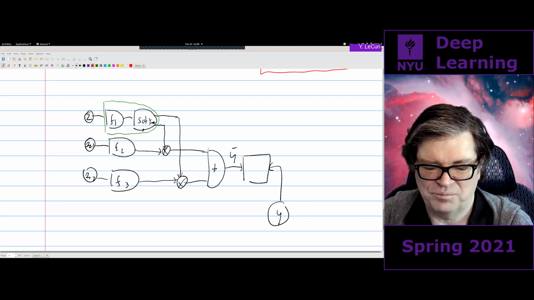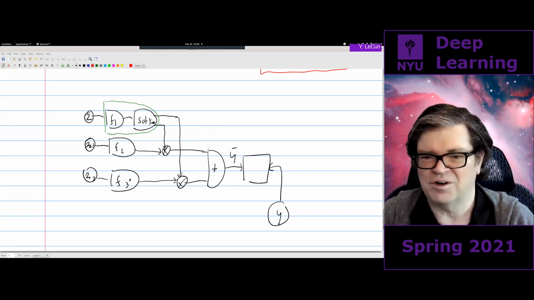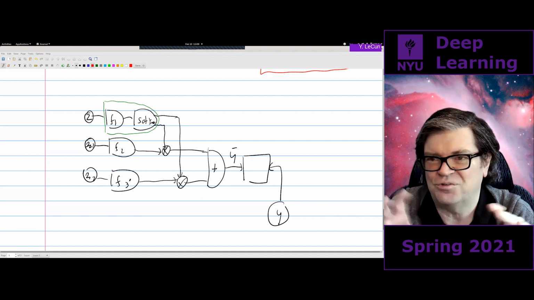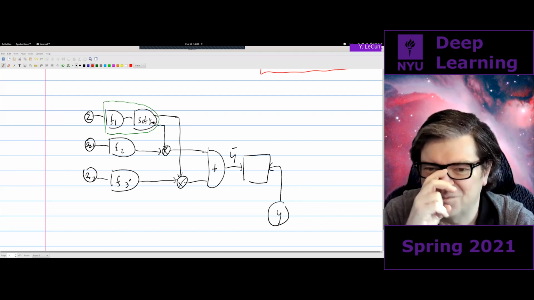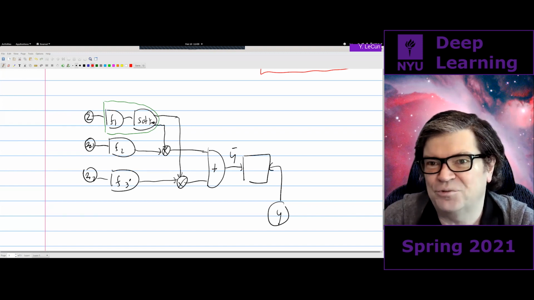Those variables are equal to softmax, computed from Z through some neural net, and those two variables are computed with F1, F2. You just write this as a function, as a program. It's a few lines in PyTorch, and automatically, PyTorch will figure out how to backpropagate gradient.